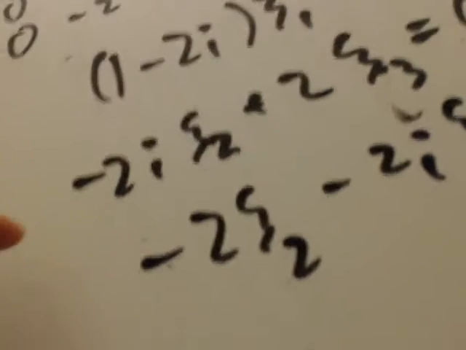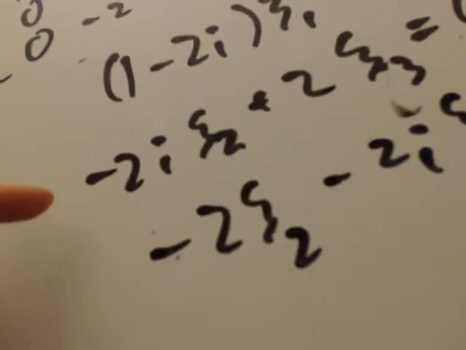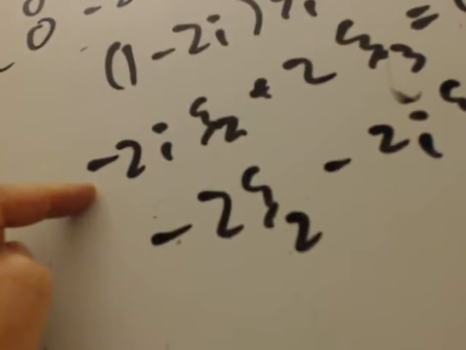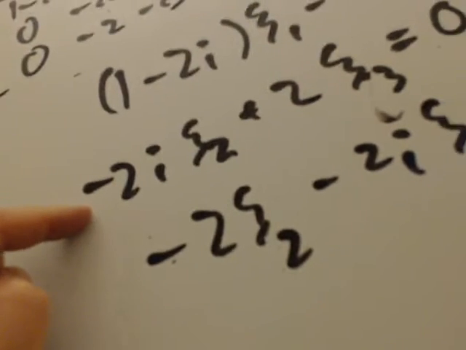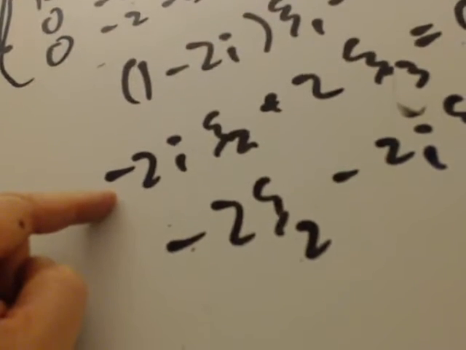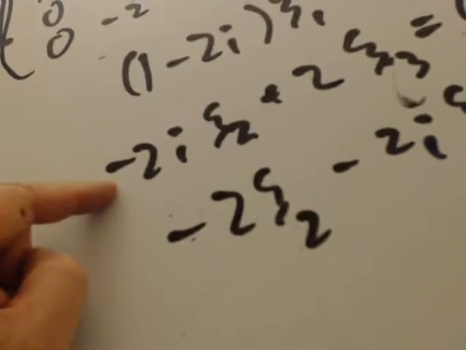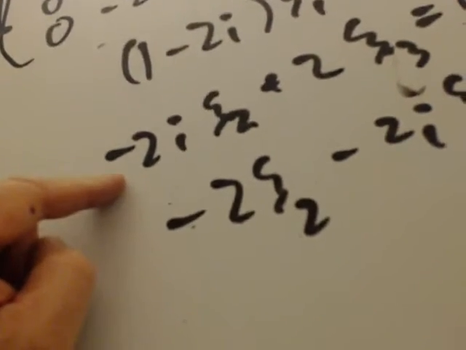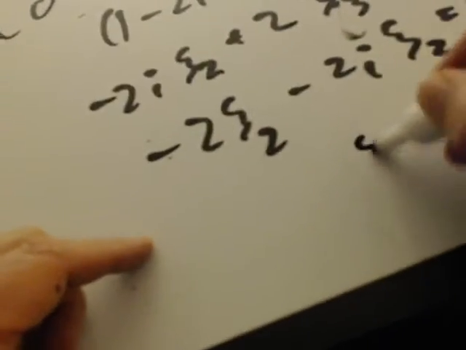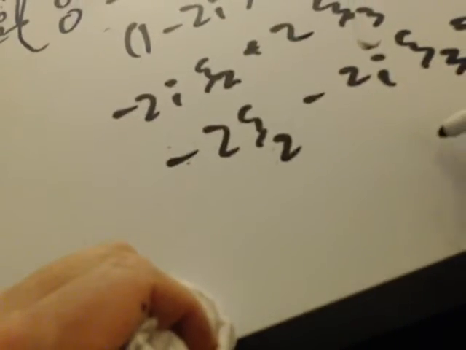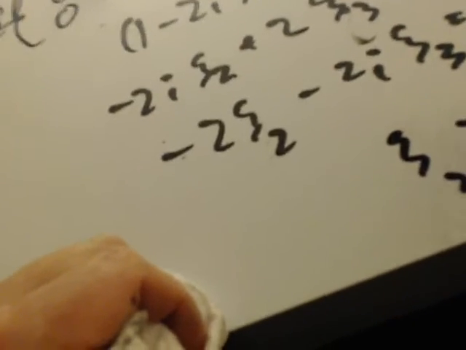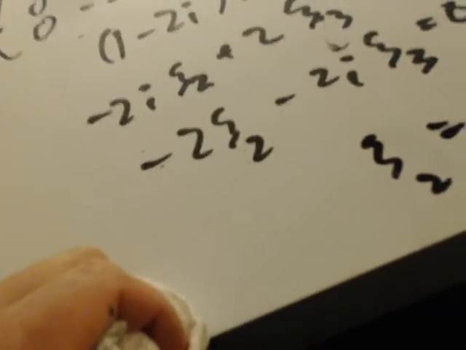Now, once again, if you multiplied this equation by negative i, you would see the fact you get a positive 2 out of here. We get a negative 2 like we expect, and we get a negative 2i over here. So these are two of the same equation. So we can drop the 2's, and we can say that xi2 is equal to a negative i xi3.